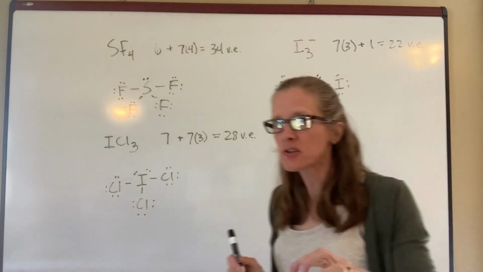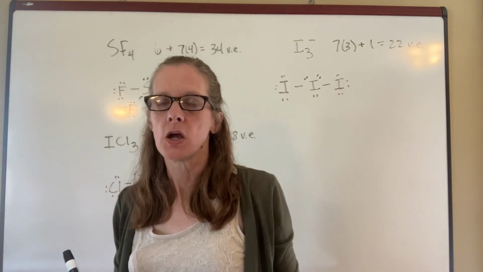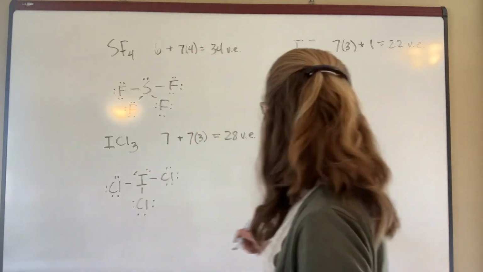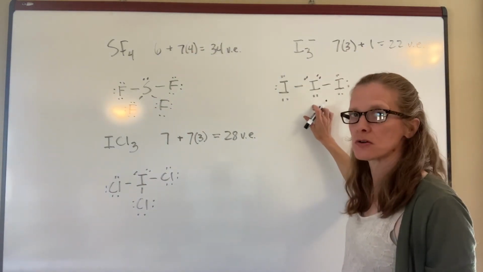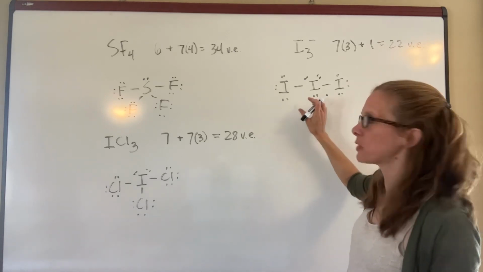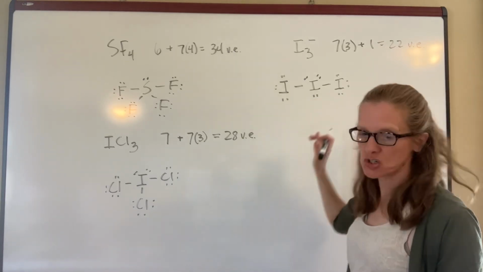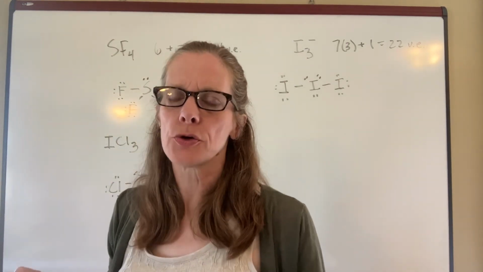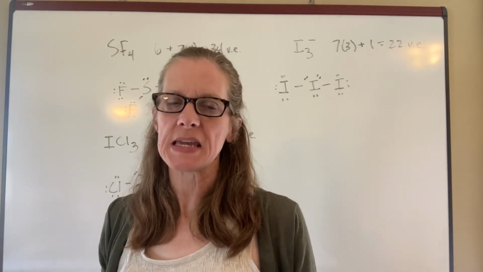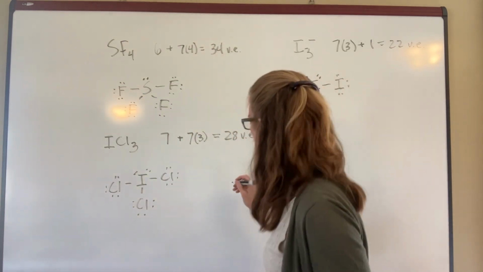The electron geometry is considered a trigonal bipyramid, but because I've got 3 lone pairs taking the place of some of the bonds, this actually ends up being a linear molecule. You'll notice that I'm using a couple of words that he is not using.